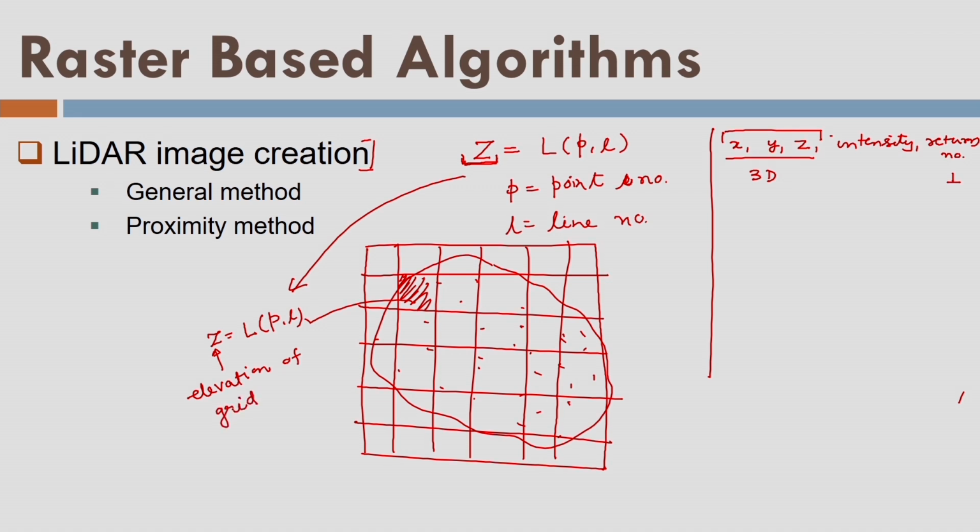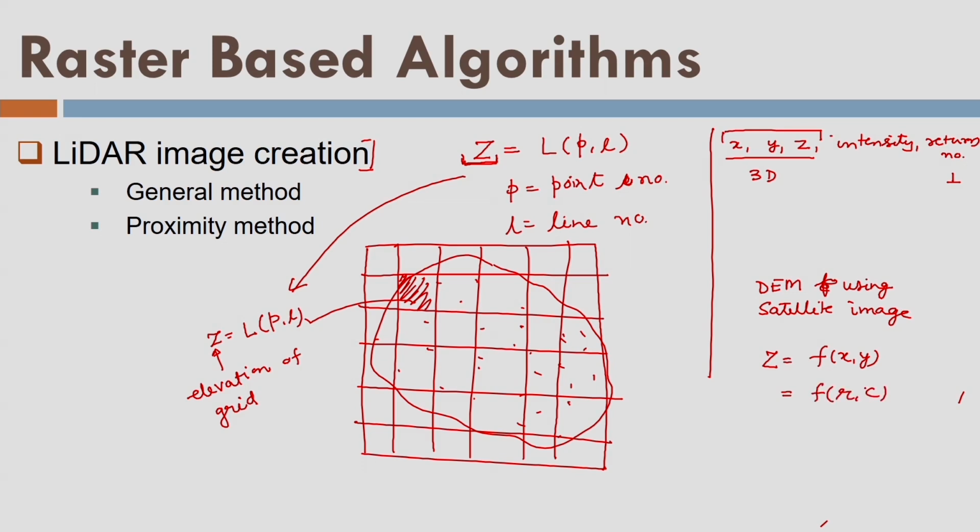You can understand the similarity with the digital elevation model from a satellite image. How do we express it? Z is equal to a function of x, y. Sometimes we also write it as a function of row and column.